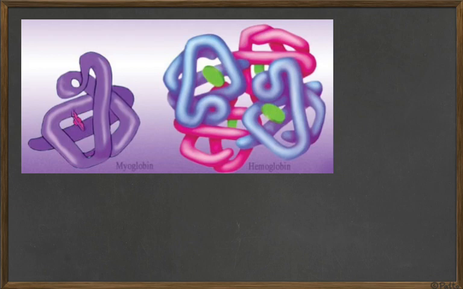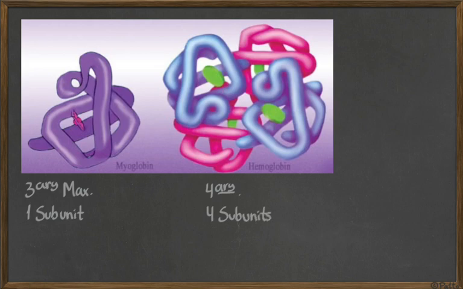But hemoglobin is made of 4 subunits, so it has 4 polypeptides and a quaternary structure. So tertiary is the maximum in the myoglobin on the left, because it's made of one subunit, and the hemoglobin has quaternary structure and 4 subunits.